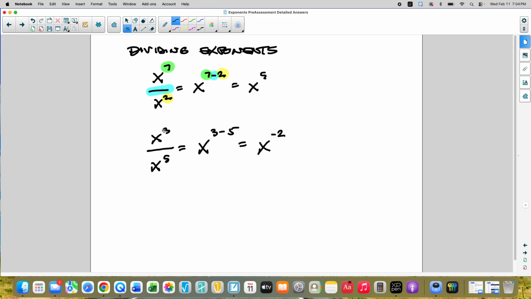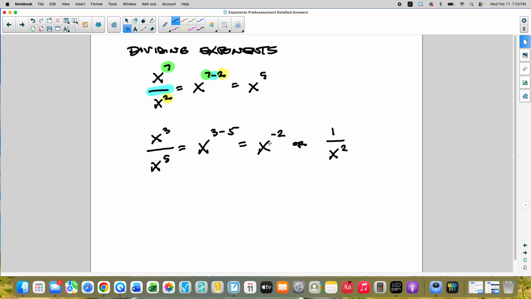Well, if we look at the starting problem, we have 3 here, 5 here. We've got more in the denominator. So this negative represents bases in the denominator. This is equivalent to 1 over x to the 2nd, because if we simplified that, we get this. If we use the shortcut of simplifying when dividing, we have this negative exponent.